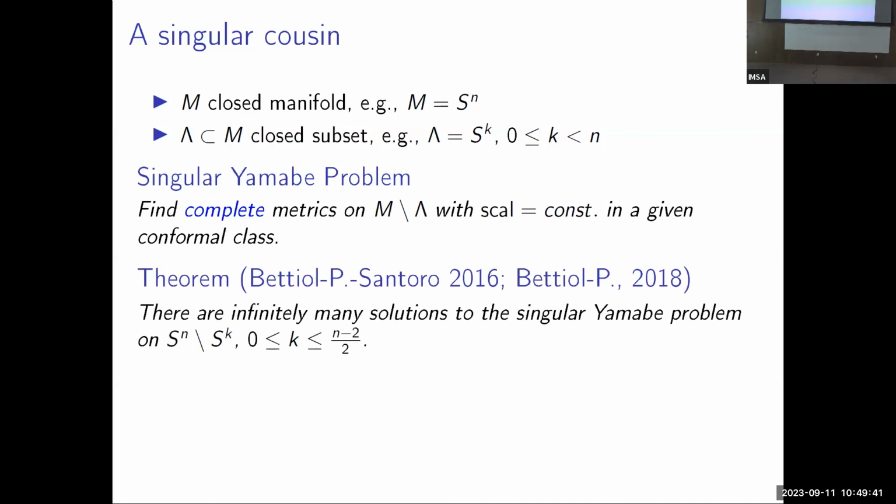So there are infinitely many complete metrics on S^n minus S^k, which are conformal to the round metric, and which have constant scalar curvature, which is a quite surprising result because you would not expect something complete in the conformal class of a round metric that still has constant curvature. So I think this is the last result there.